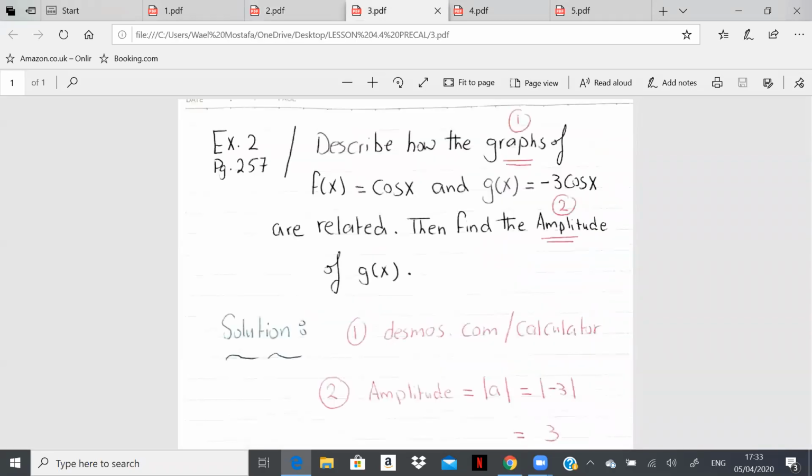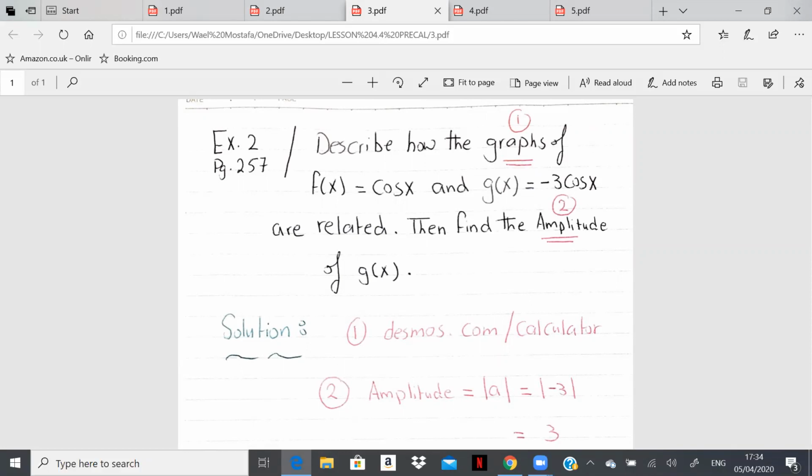Question number 2. Describe how the graphs, so we are going to do it on desmos.com, the calculator. Not now, after finishing what he is looking for. He is looking to then find the amplitude, section number 2, which is the sinusoidal functions or the sinusoidal wave transformations, I'm sorry.